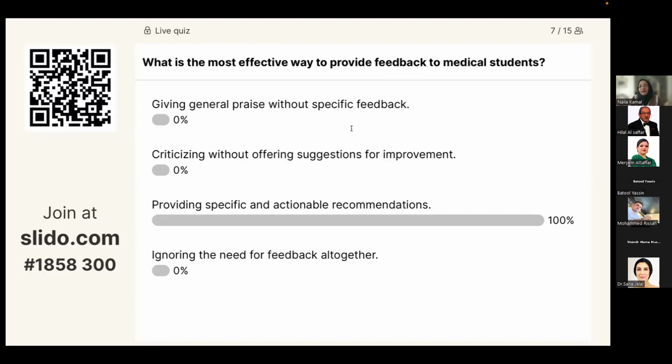So you have a stem and then the options should be very much plausible. Here, a strategic learner or a superficial learner will be able to just guess that this is not right, this is not right, this is not right. Even if they don't know whether this is right or not, they will guess the answer. So you're not actually making a valid assessment tool. Anyway, this was generated by AI. So this is a case that the human interaction with AI is important.